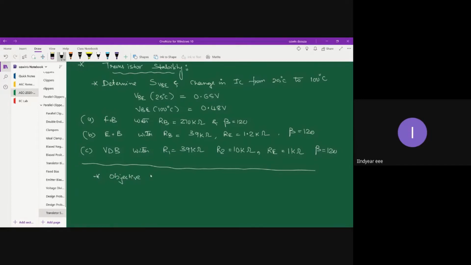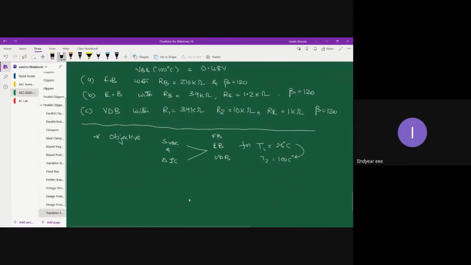Okay, objective of this problem is to find SVBE and delta IC for the three circuits: emitter bias, fixed bias, and voltage divider bias for T1 is equal to 25 degrees and T2 is equal to 100 degrees Celsius. So when the temperature is changing from 25 to 100 degrees Celsius, what happens to SVBE and delta IC value? All right.